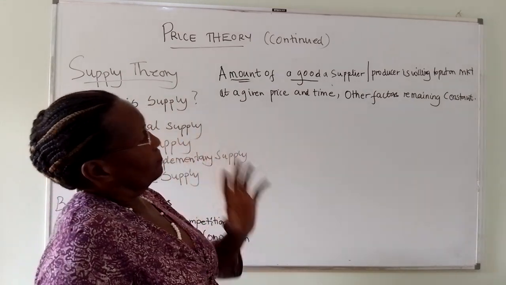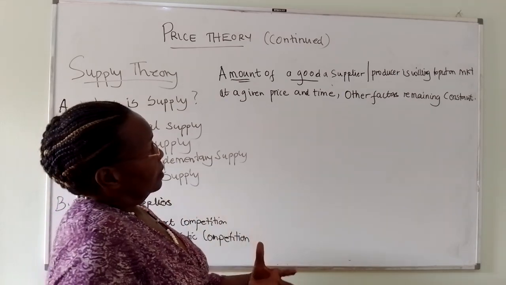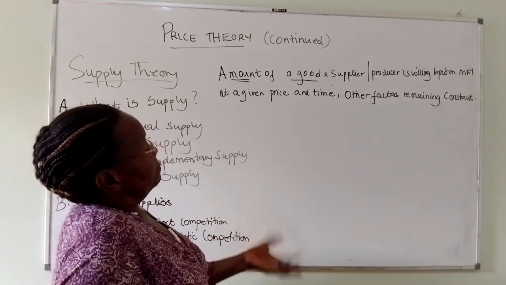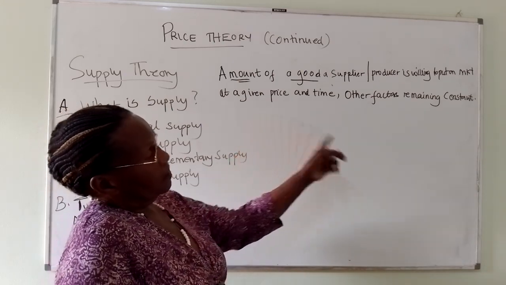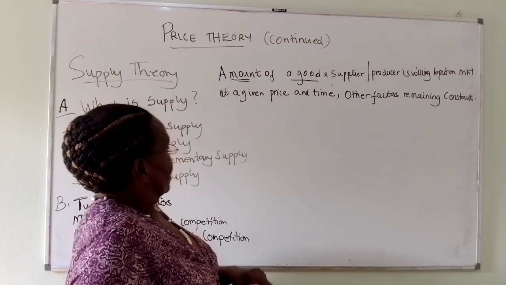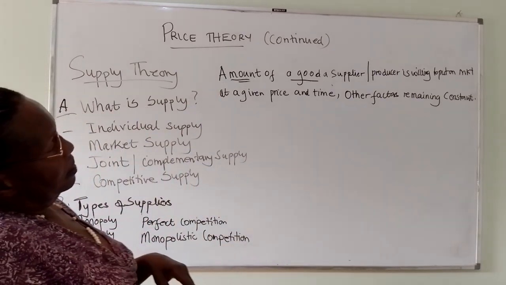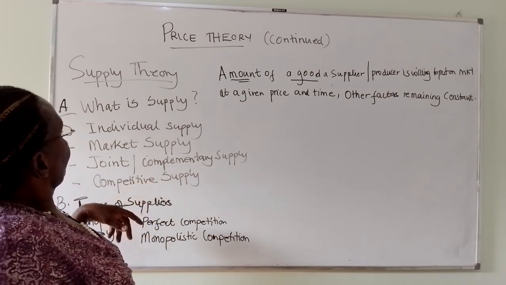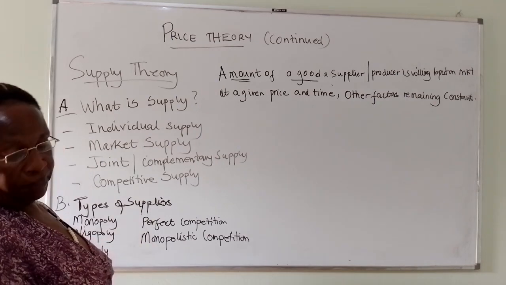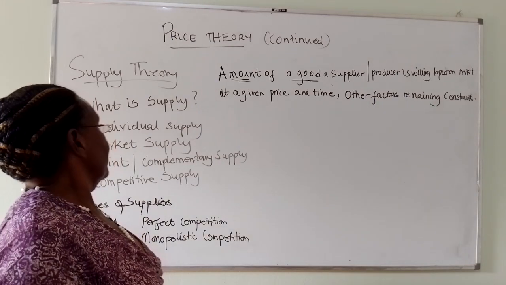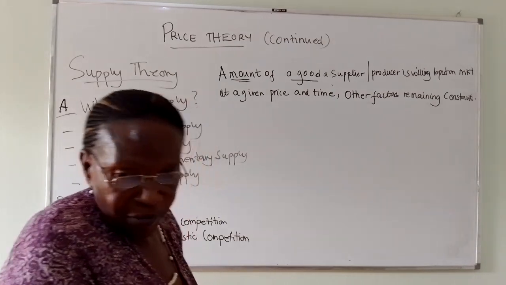So there are so many factors, as we shall see, that influence the supplying of a commodity, and price is just one of them, but the other factors we keep constant for study purposes at the beginning of our supply theory. And in supply, we have what we call individual supply. Like in individual demand, we look at an individual as an individual grower of maize.